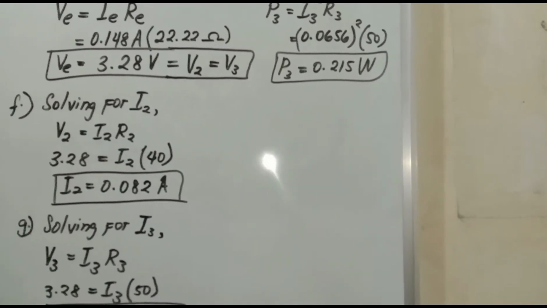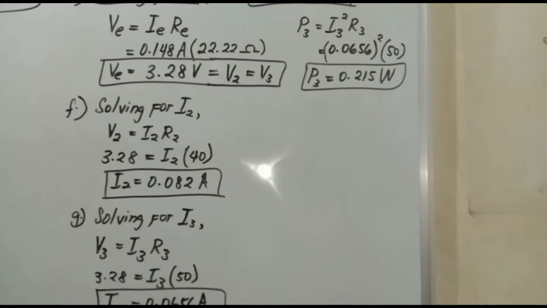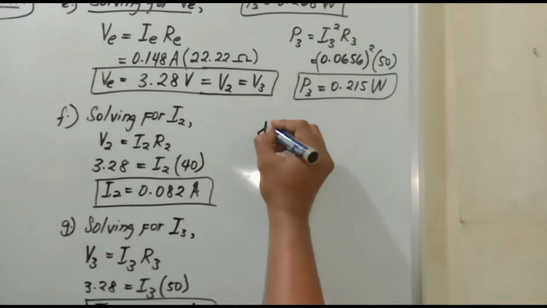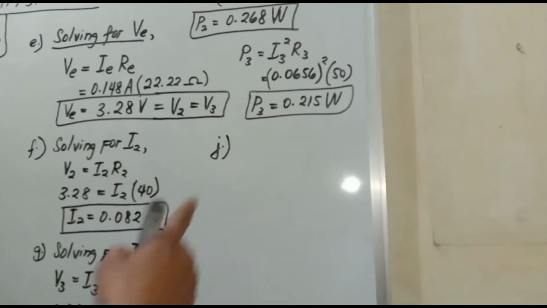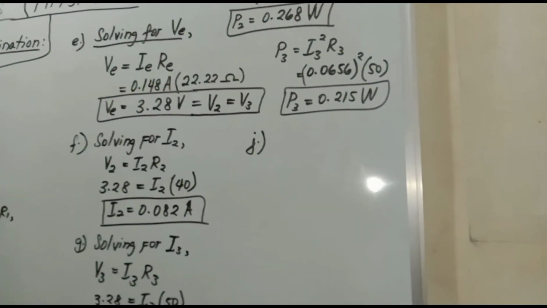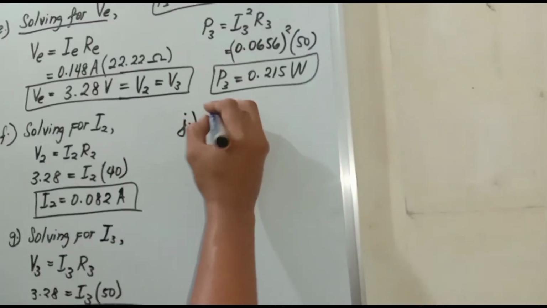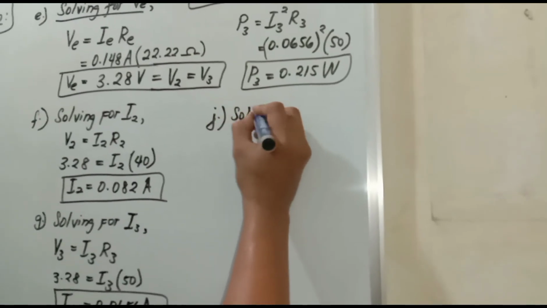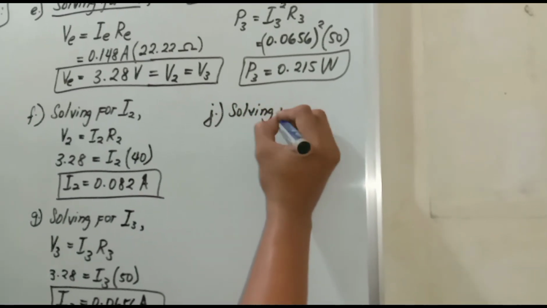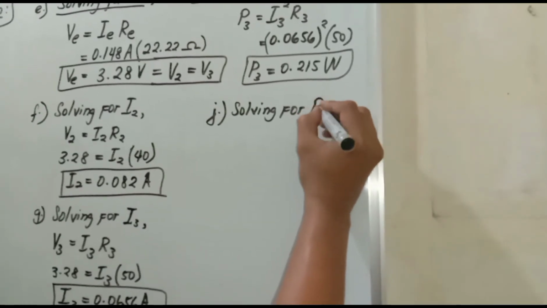Okay, guys, so the last requirement is the total power dissipated for the three resistors, solving for PT.